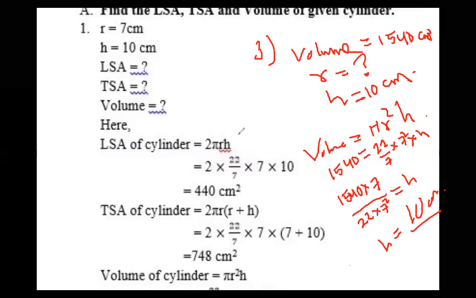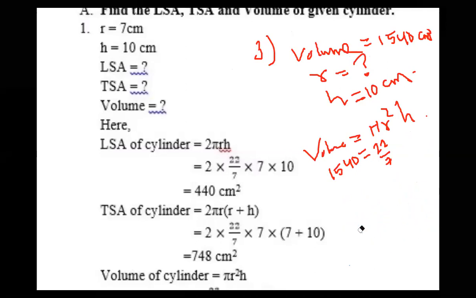It must be 7 centimeter. Please be quick.